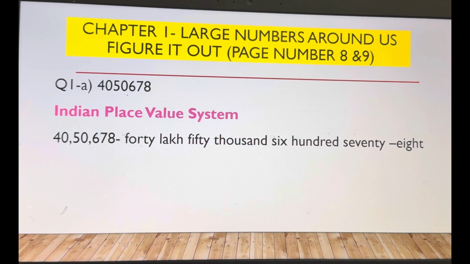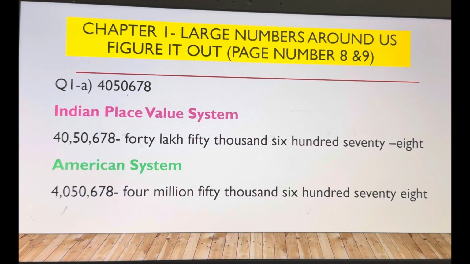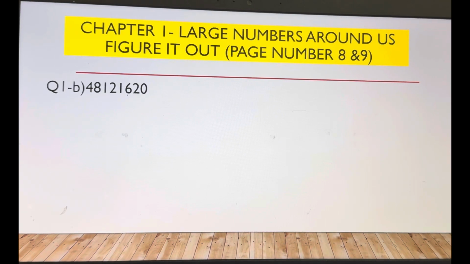Just observe the commas. Now the same number we'll write according to the American system, putting commas according to the pattern 3, 3, 3. So according to the American system, it is 4,050,678, right? Now we'll try the next question. I hope you have understood.